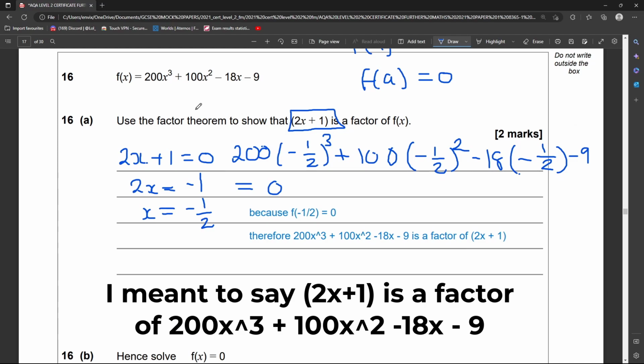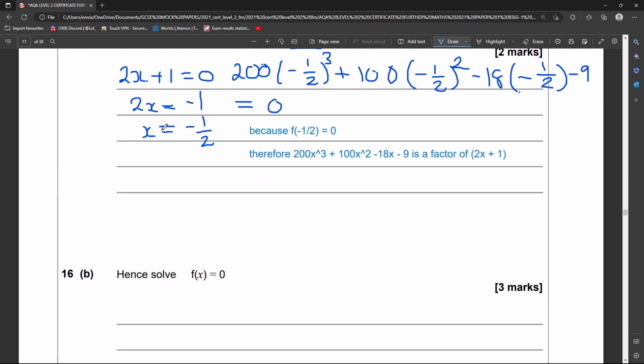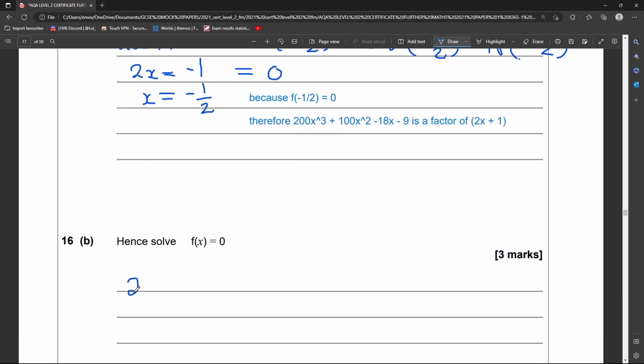Well, if you're doing GCSE further maths, the approach you'd normally be taught is to use algebraic long division, and that's the most common method that most people use because it's like the easiest way, I guess, to factor this cubic.